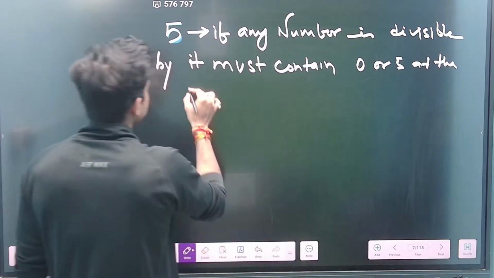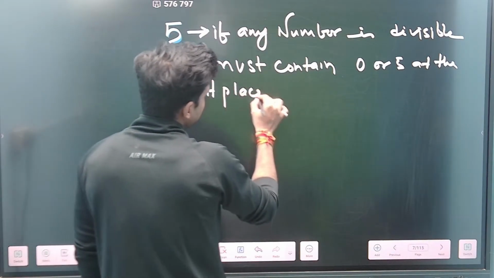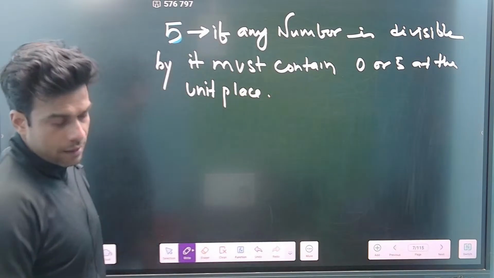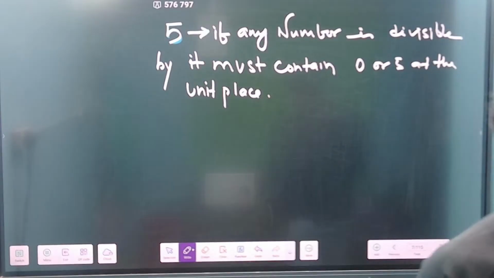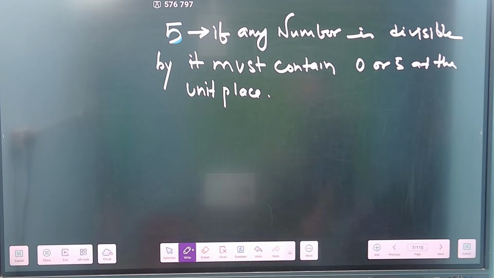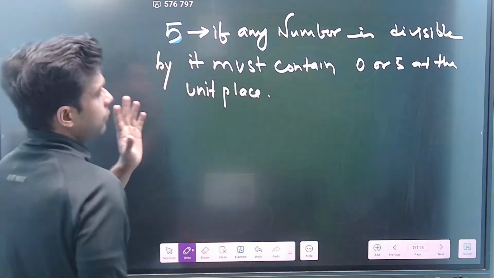A very easy kind of thing that everyone should know. For 5, if any number is divisible by 5, then at the unit place you should have 0 or 5, correct?